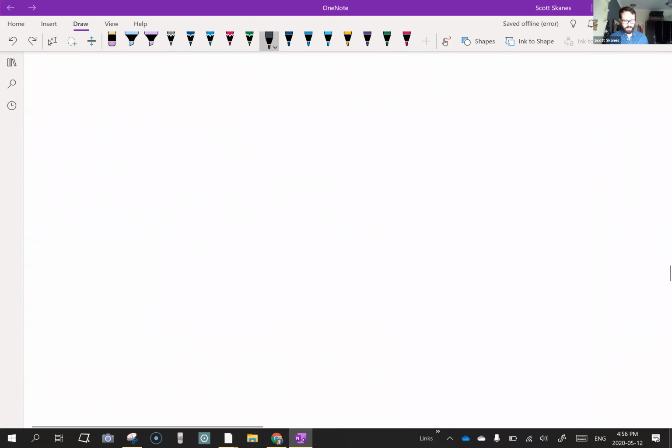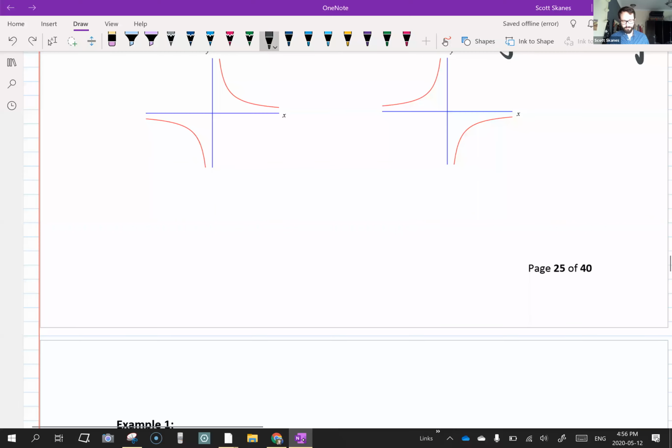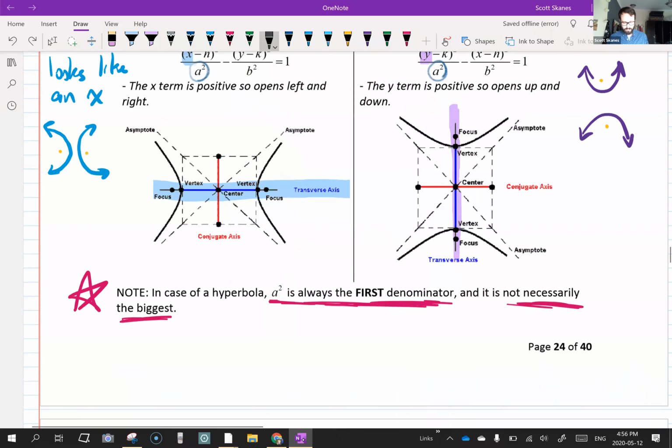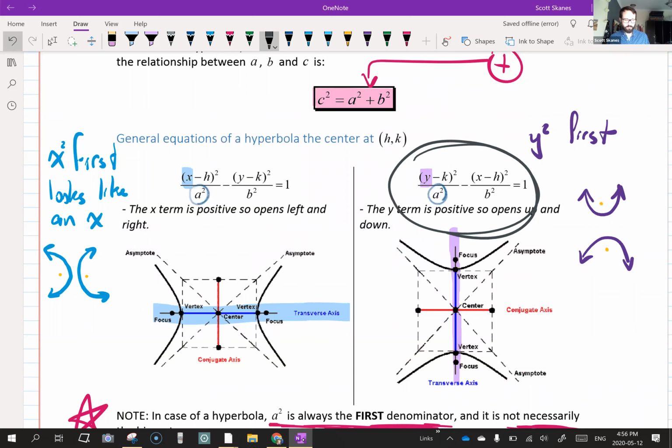You can write these down, save it in a formula sheet for yourself, whatever helps. Notice that the equation is there, and it will remind you for hyperbolas which one is A and B. And you'll see that because Y is first, it's actually A on bottom. If X was first, it would also be A on bottom. So A is always first, but you can check it with the equation too.